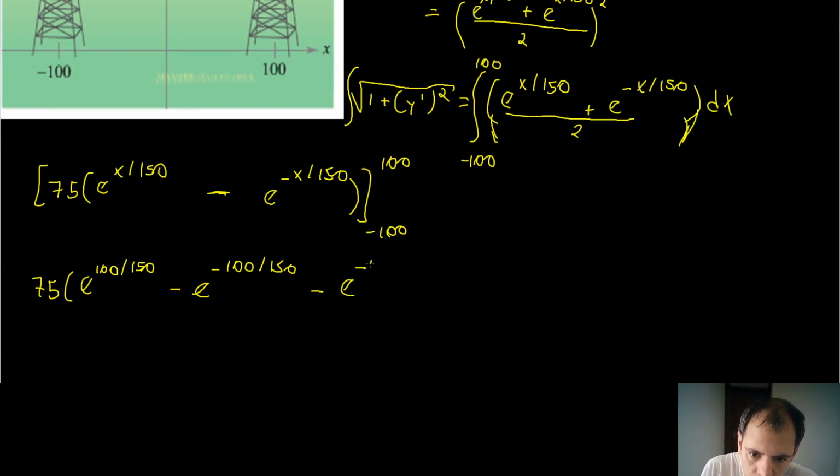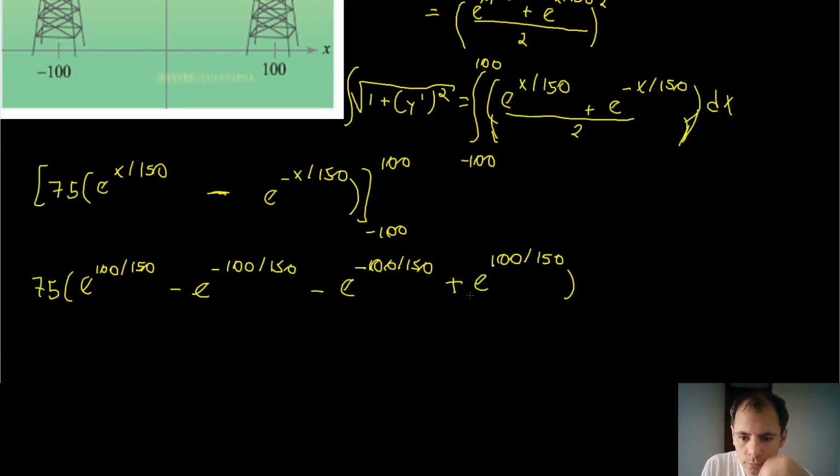You have this minus here, but because you're inserting this value now, it's actually a plus. We're going to do this e here now. Minus 100 with a minus is going to become a 100. So 100 divided by 150.